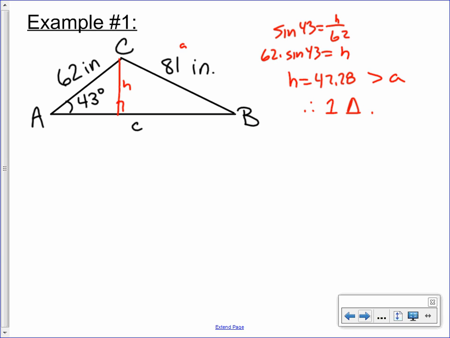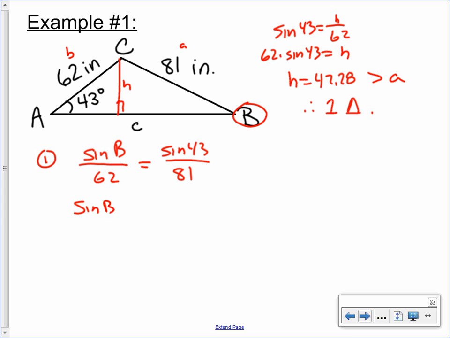So as long as there's one triangle you can solve for, go ahead and use the law of sines. We have side b, so let's go ahead and find angle B. I like to find the variable and put that at the top. So you could go sine B is to 62 as sine 43 is to 81. So sine B would be 62 times sine 43 over 81.